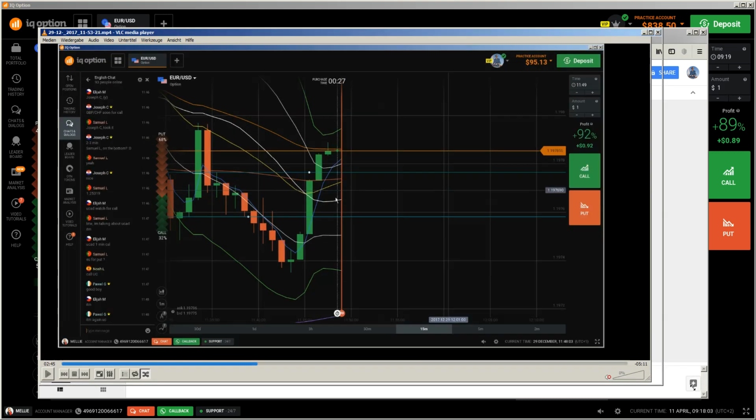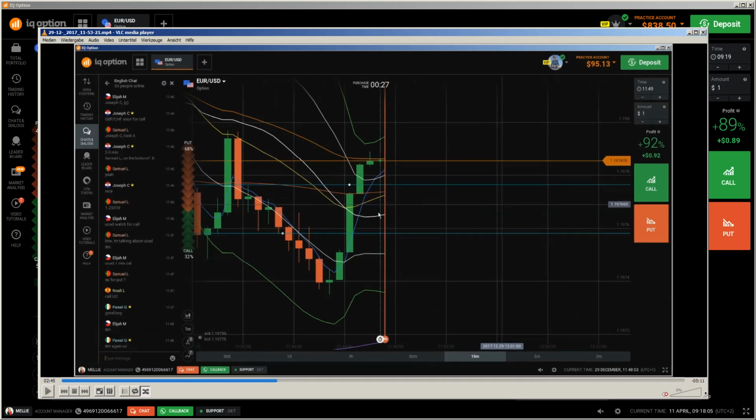I'm going to show you now how this looks. So let me see. I'm going to play, and you see this is the same scenario. We have an uptrend, and at the end we get the doji scenario.